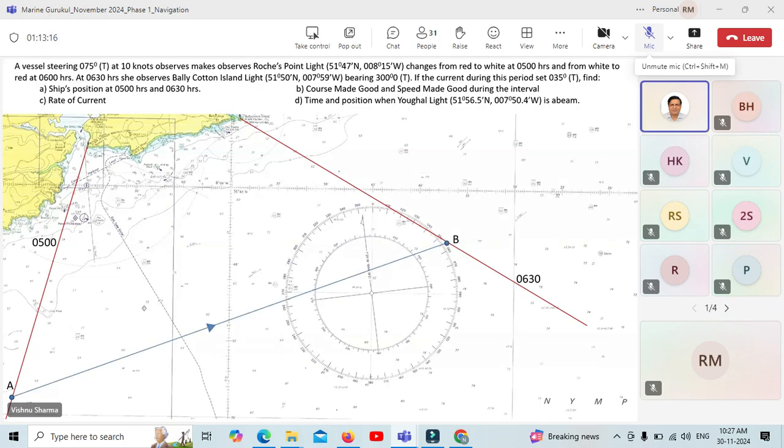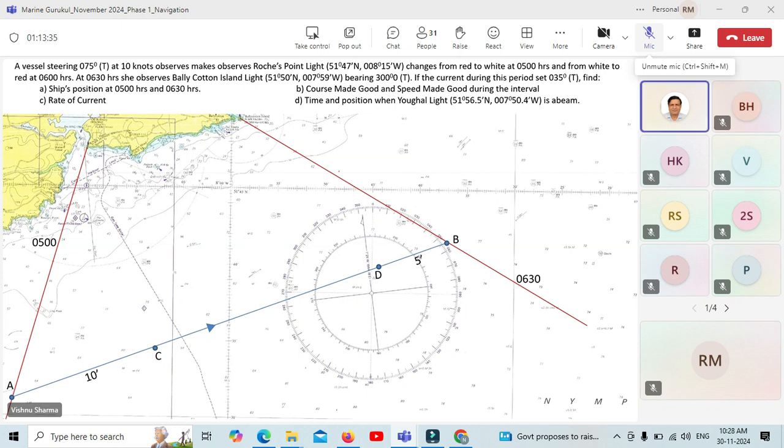How do we get C? How do we get D, delta? How do we get E? Please think. How do we get E?